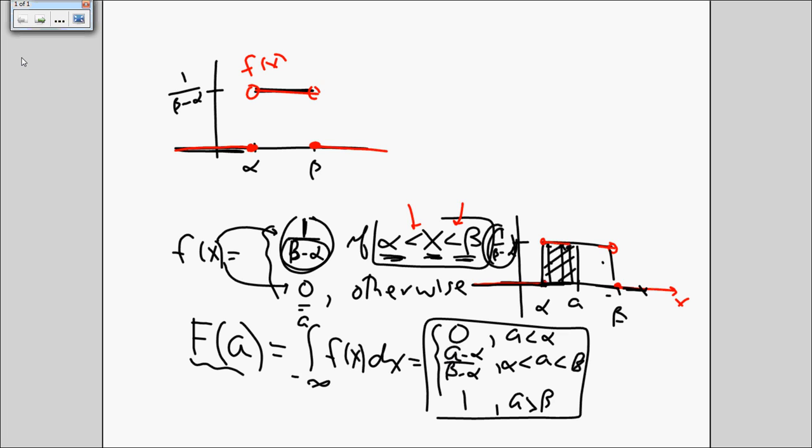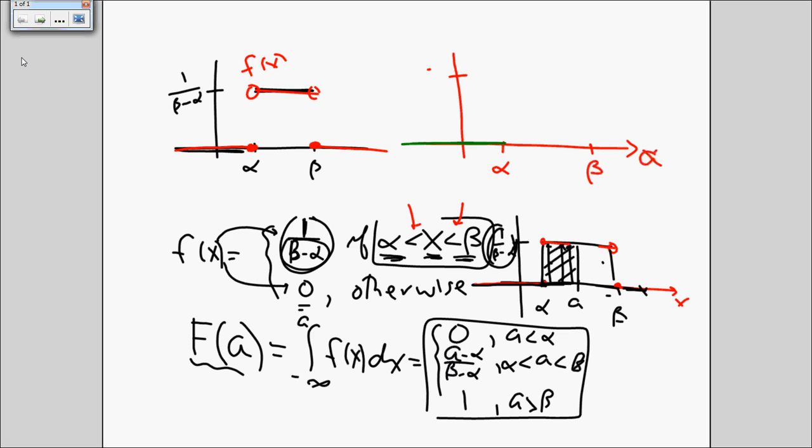Now, what about F of a? You have alpha, you have beta, you have 1 over beta minus alpha. If A is less than alpha, it's 0. If A is bigger than beta, this really shouldn't be what I wrote.